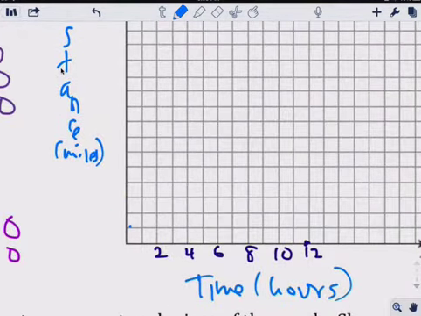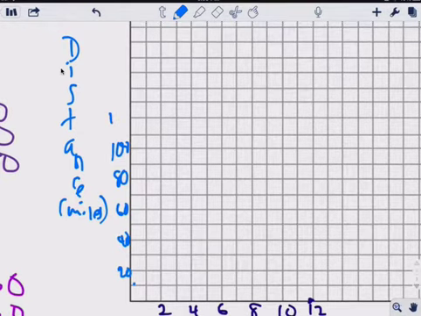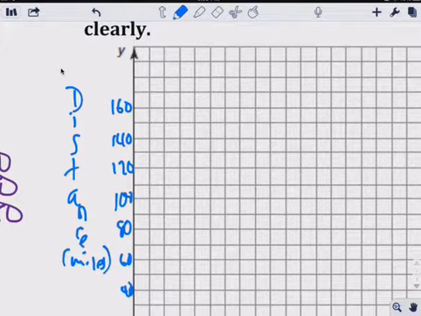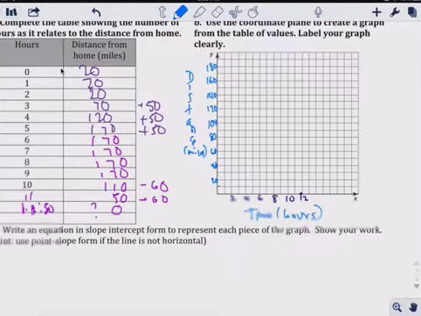So we do 20, 40, 60, 80, 100, 120, 140, 160, 180. We only need to 170.